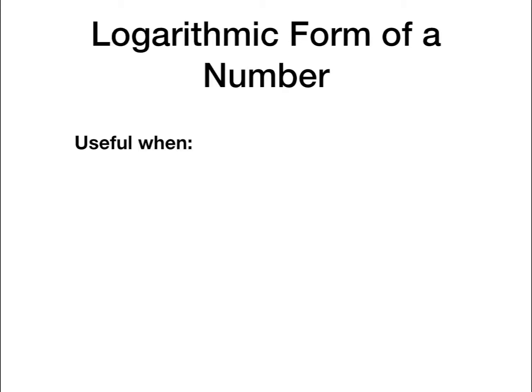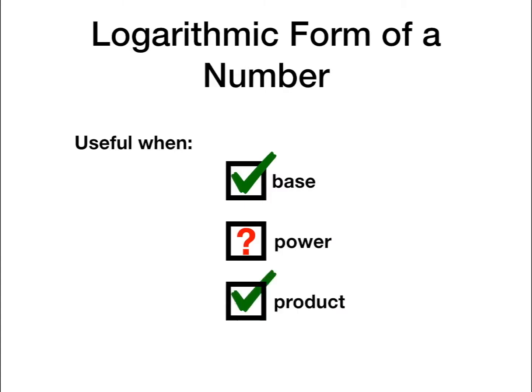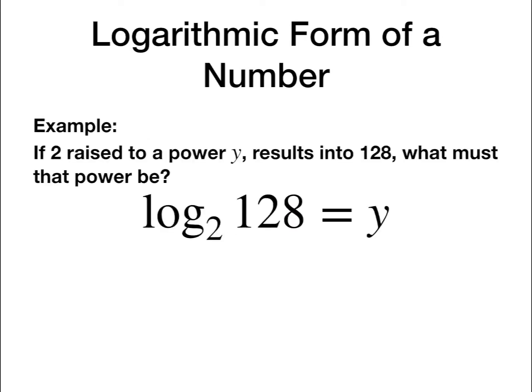There are, however, cases when we do know what the base is, and we do know what the resulting number is, but we don't know by which power it was raised. This is a case when the logarithmic form of a number becomes useful. Let's take a look at this example.